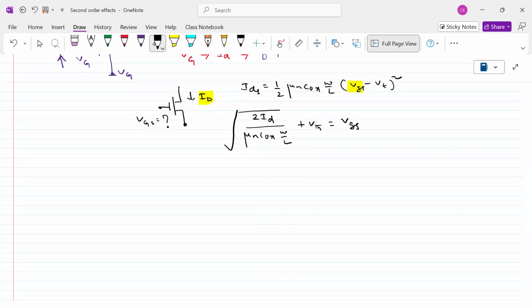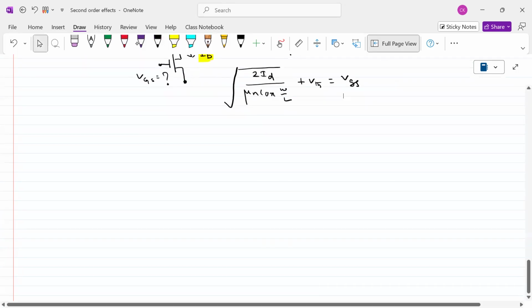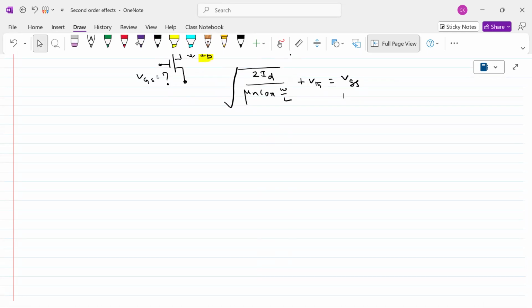Is that okay? If you know the saturation current equation and want to find the responsible VGS to get that current, this is the equation you have to consider. So this is very important when we are talking about circuits. Please remember this one, because we always try to work in the saturation region, so whatever equations are relevant for the saturation region, we have to take.